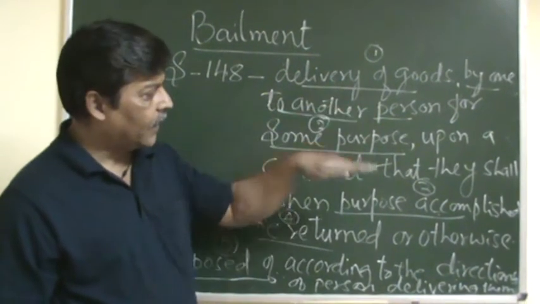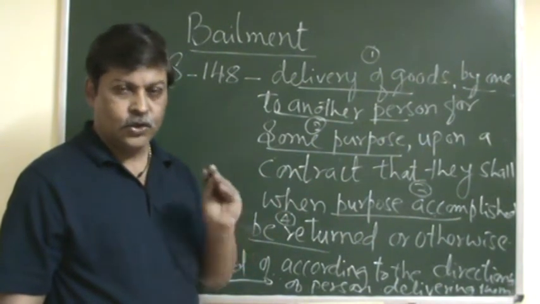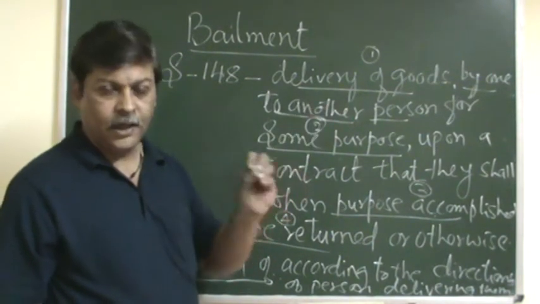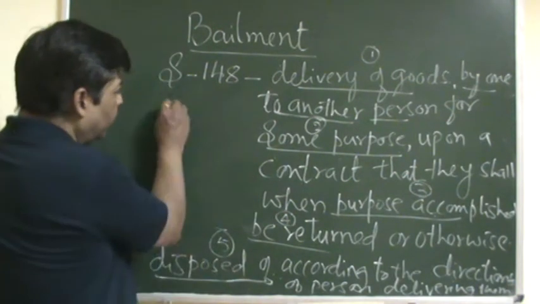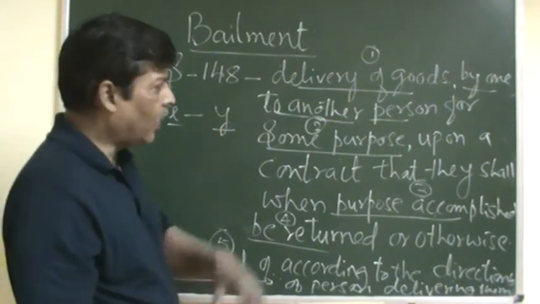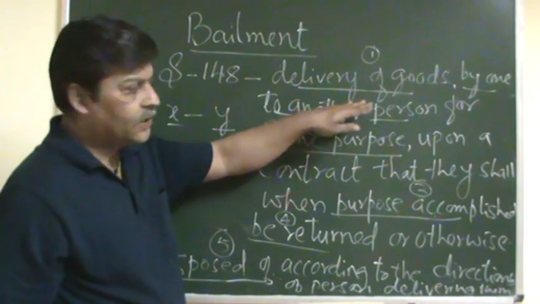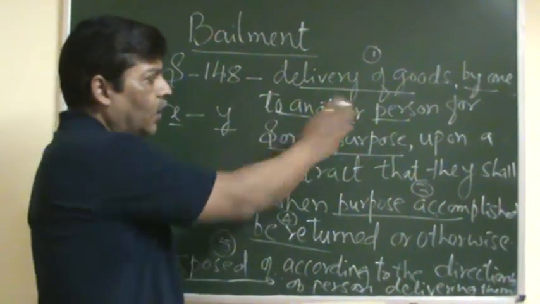Now we will analyze this by taking some examples. Usually you will have mainly two persons in the contract. Here we will take the names X and Y. So two persons will be there. Delivery of the goods by one person to another.